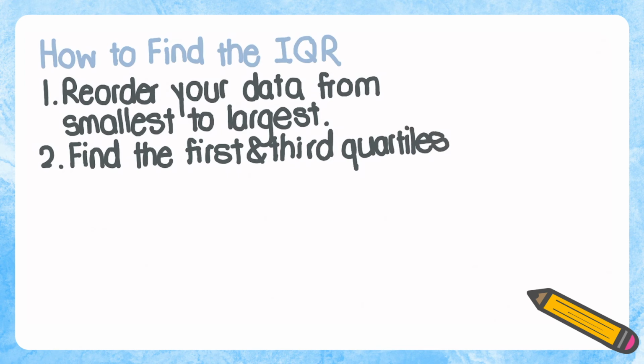This is what we just covered a few minutes ago. And then once you find your first and third quartiles, the IQR, your interquartile range, is simply Q3 minus Q1.